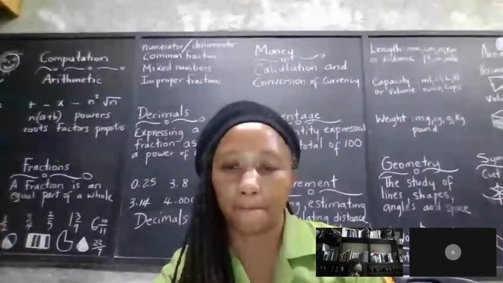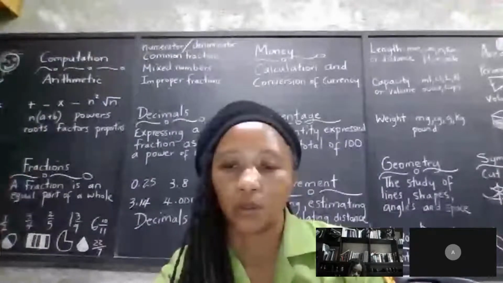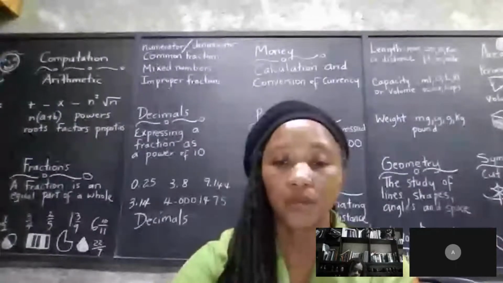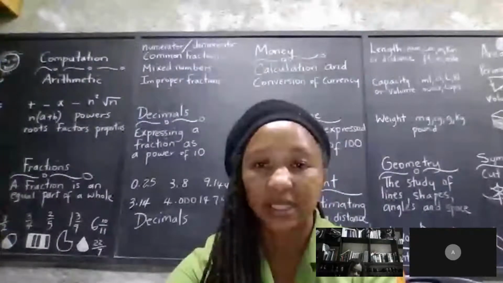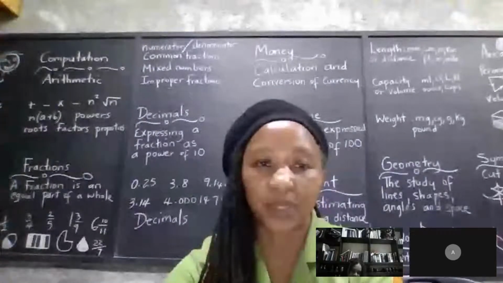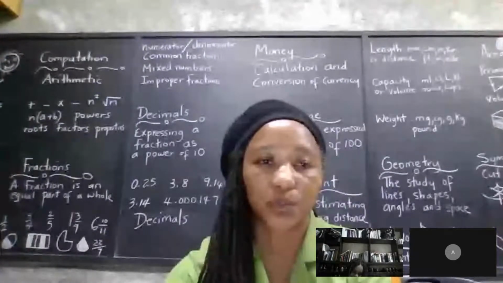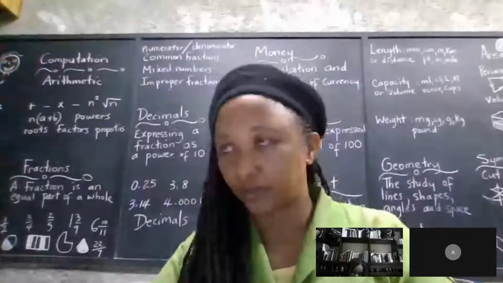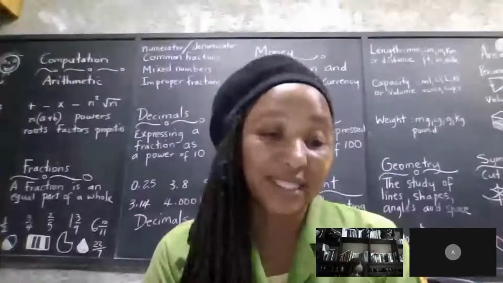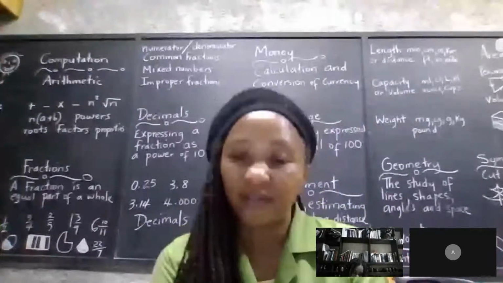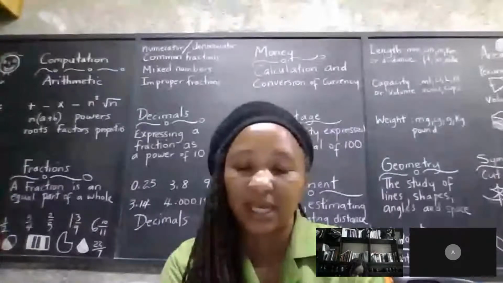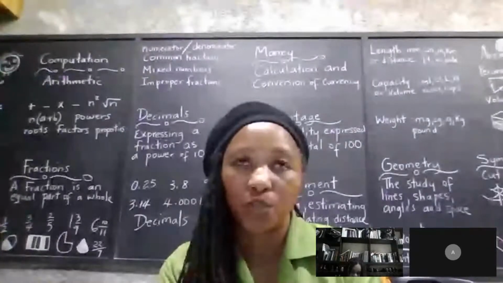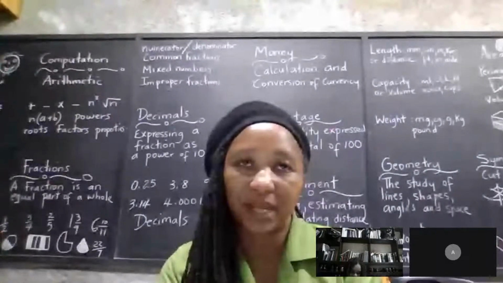Okay, so when we talk about compound interest, last week we looked at simple interest, and we said that simple interest has to do with that extra money that you make when you invest. If you have an amount of money that you're investing, that is called the principal, and you're investing it at a particular rate.